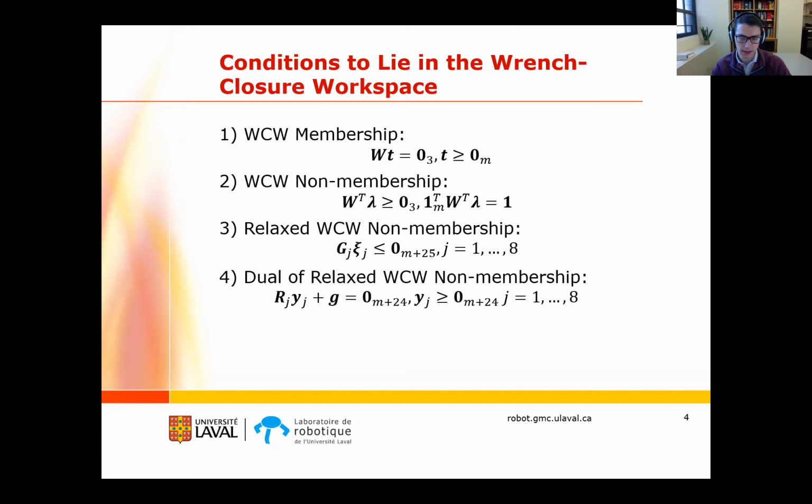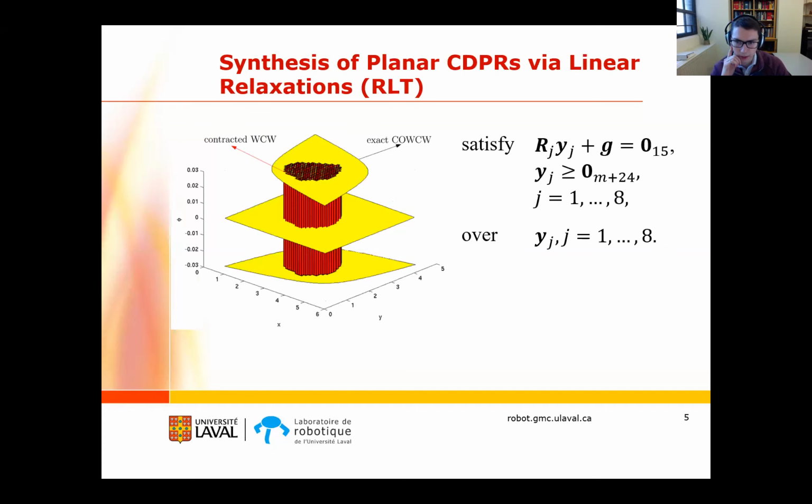Mm-hmm. And then can you go to the actual synthesis algorithm, or the actual optimization problem? I was trying to understand, does this just end up being like a linear program? This is still linear, because I'm going to have different RJ matrices for different boxes, but they're going to be computed as distinct constants.